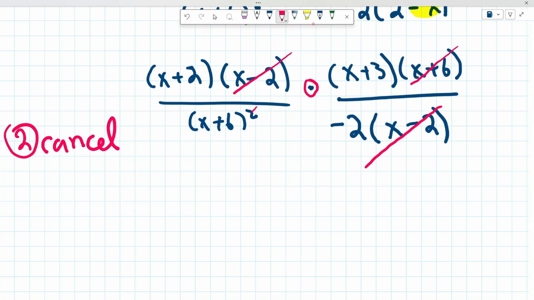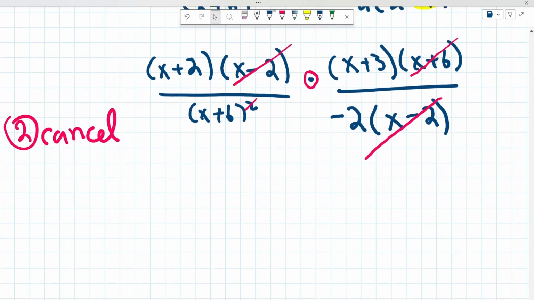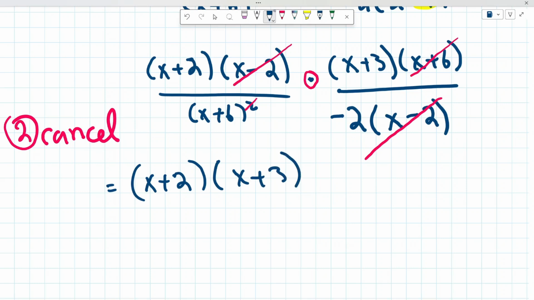So we can cancel out one of them from the numerator and the whole one from the denominator. Now let's write out our simplified version. We've got x plus 2 multiplied by x plus 3, divided by negative 2 times x plus 6.